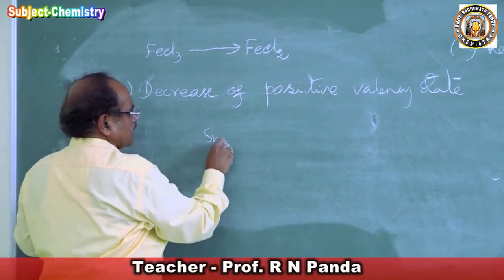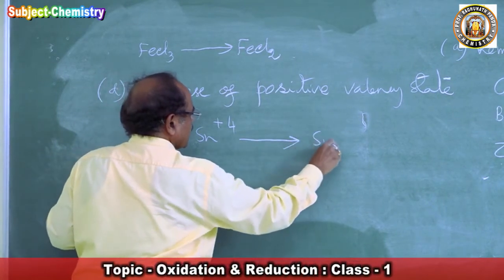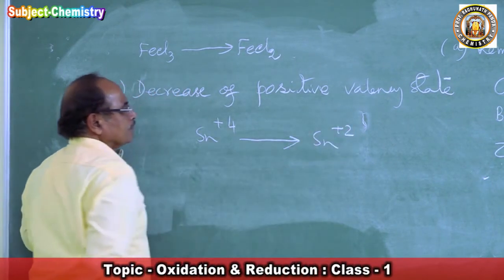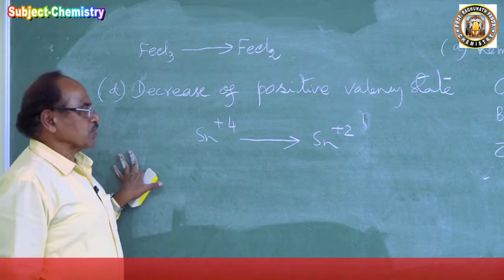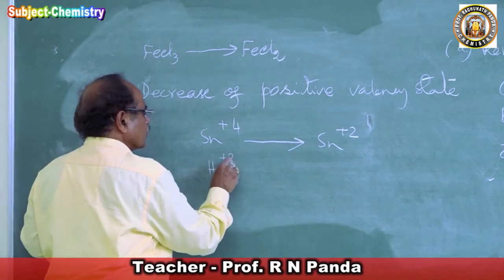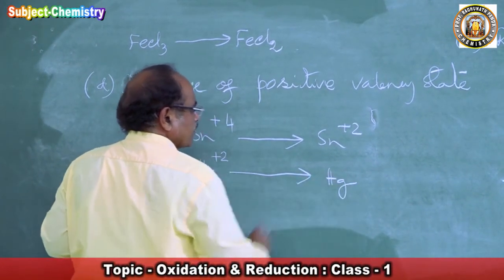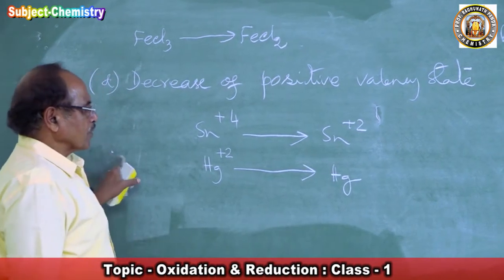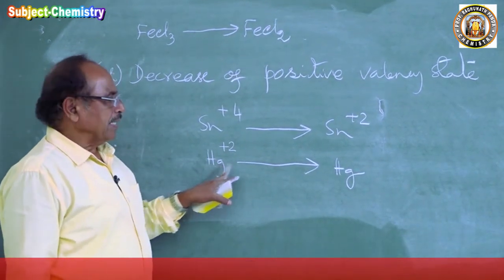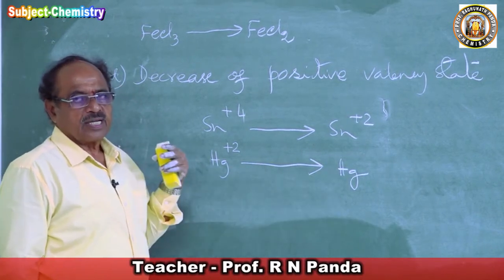Suppose we have stannic plus 4 and this forms stannous plus 2. Or we have mercuric plus 2 and this becomes mercury. So it is a mercuric ion, and when this becomes metallic mercury, the process is reduction.